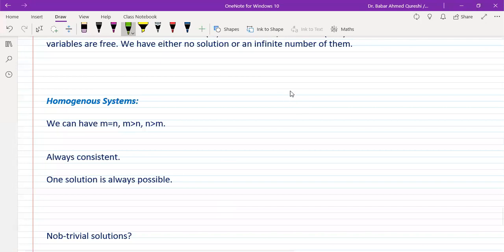So homogeneous systems are just of this form. You have some numbers. Let me write a square homogeneous system just for a change. This is the coefficient matrix.